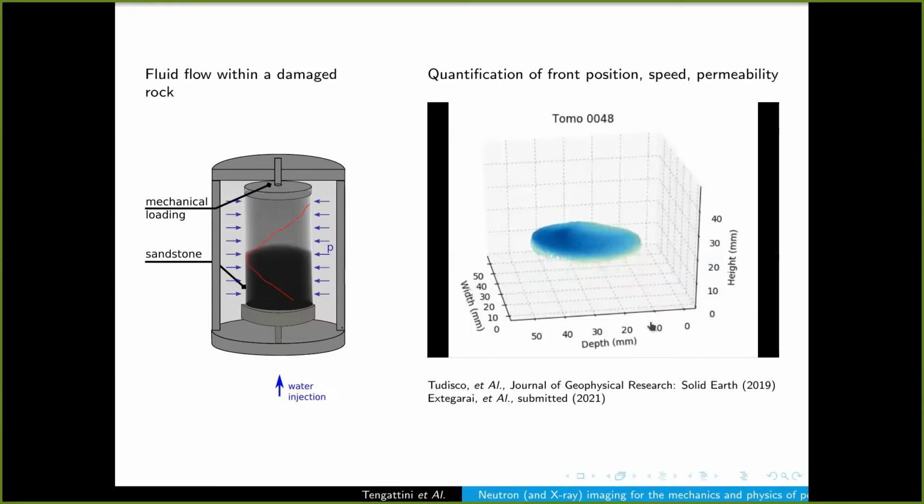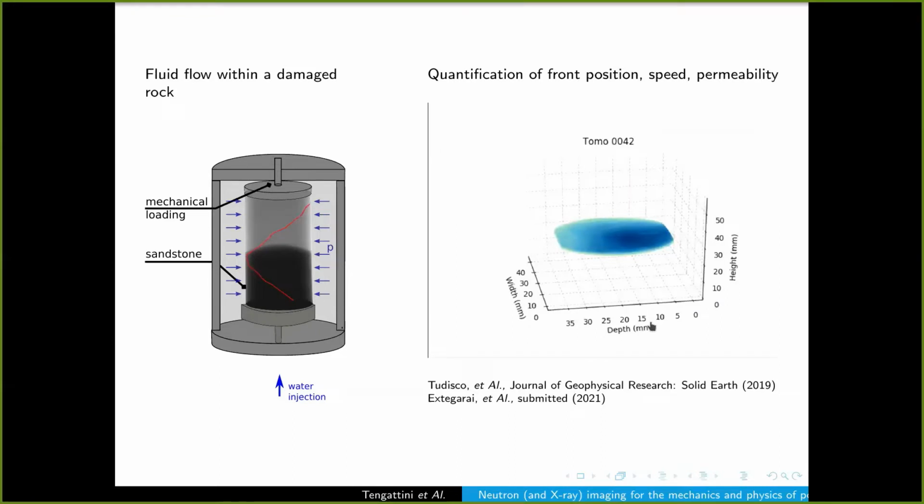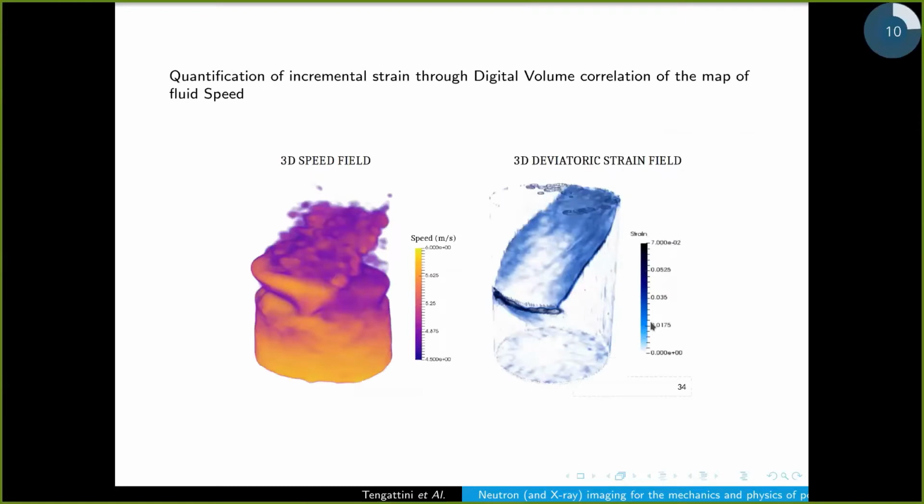And sometimes the effect the localization has on the hydromechanics of the rock is far from intuitive. It is not just a mere role of the variation of porosity. There is tortuosity that comes into play, for example. And once again, as I mentioned, we can measure a speed field and correlate this with the strain field.